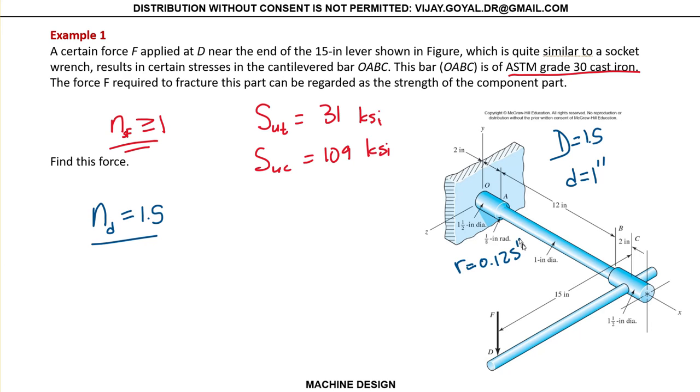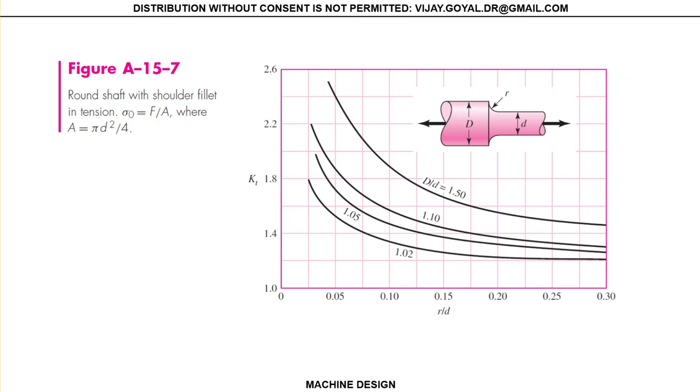So you have this information, and we can find the tables to find the appropriate values. So R over D will be equal to 0.125. So that value is right here.